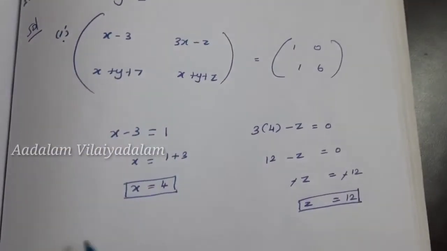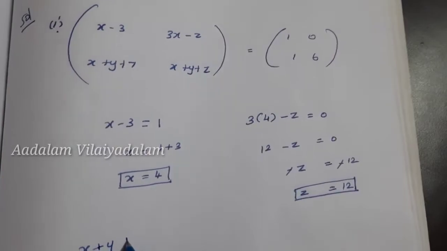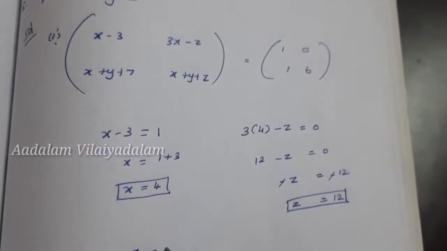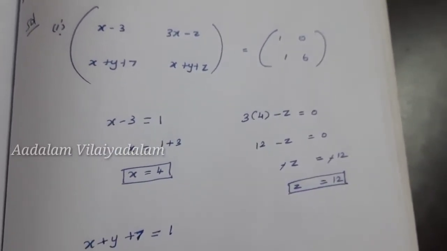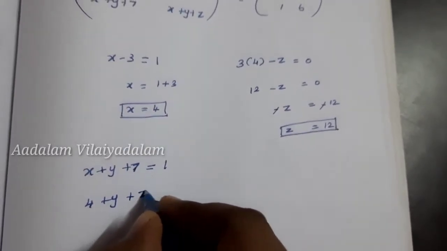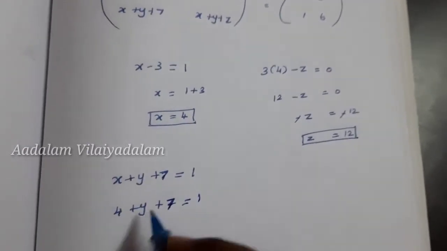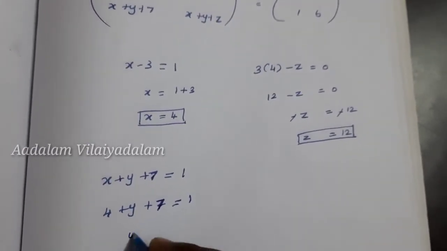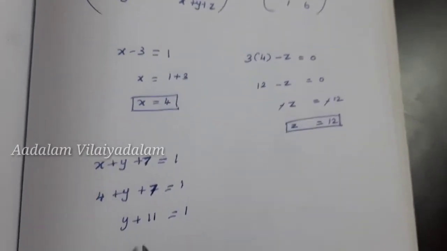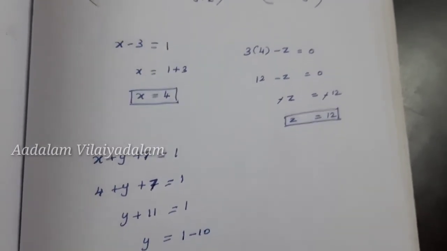So let's go for this, that is x plus y plus 7 equal to the corresponding element, which is 1. Therefore, the value of x is 4 plus y plus 7. Adding 4 plus 7, we get 11 plus y equal to 1, which means y equal to 1 minus 11.